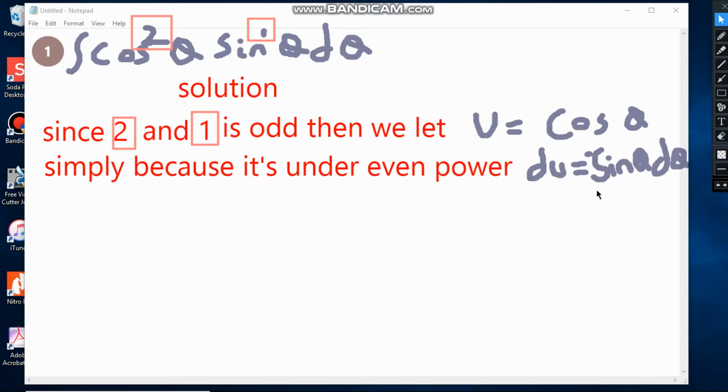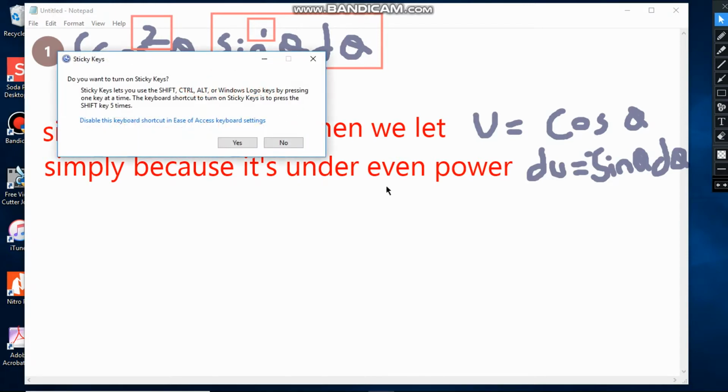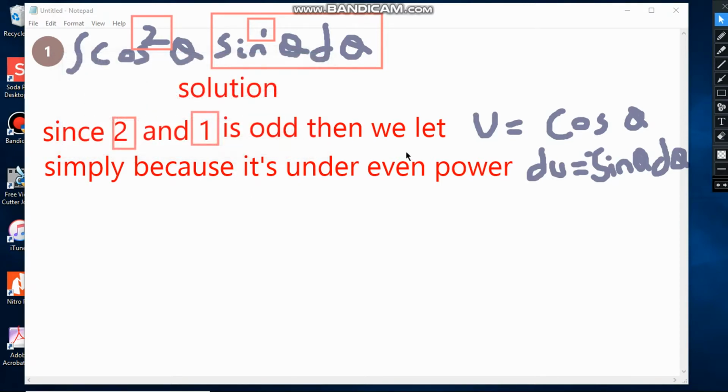So we have seen sine of theta d theta is equal to du times negative. So when we want to have sine of theta d theta like this one, we must divide by negative both sides.